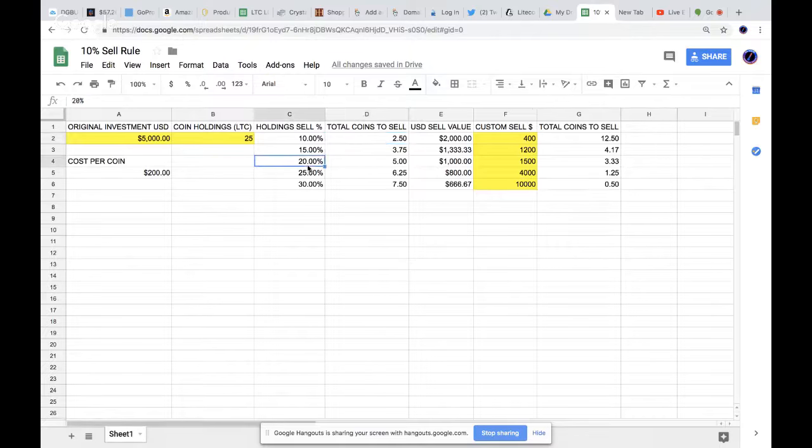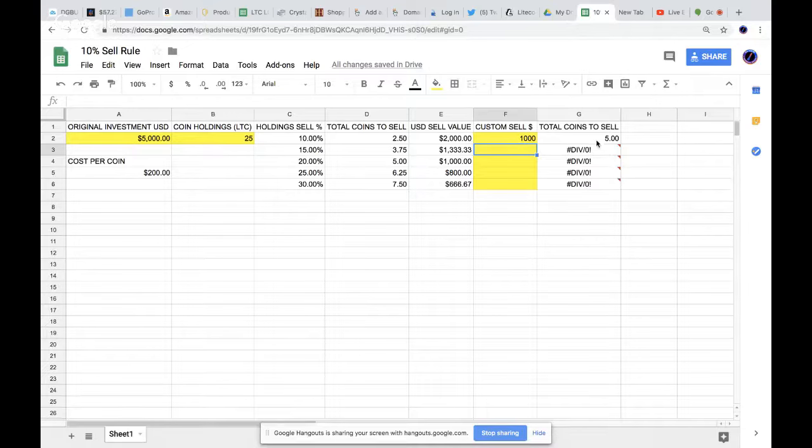If you want to sell off 20%, you wait for $1,000 Litecoin and you sell 5 of them. If you want to pre-populate your own numbers like John is talking about, $1,000 Litecoin, I'll show you real quick. So say he has this sheet and he wants to sell off at $1,000, right? He's going to sell 5 coins when it hits $1,000 to recoup his original investment back.